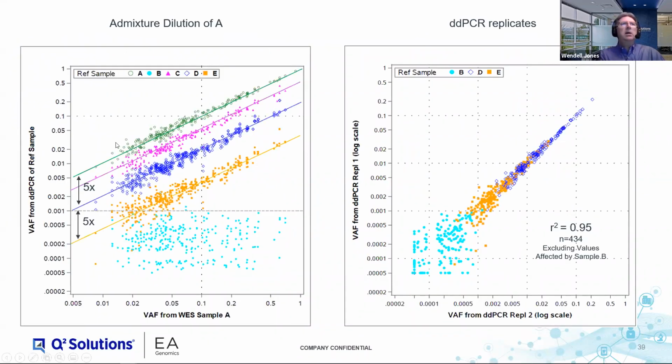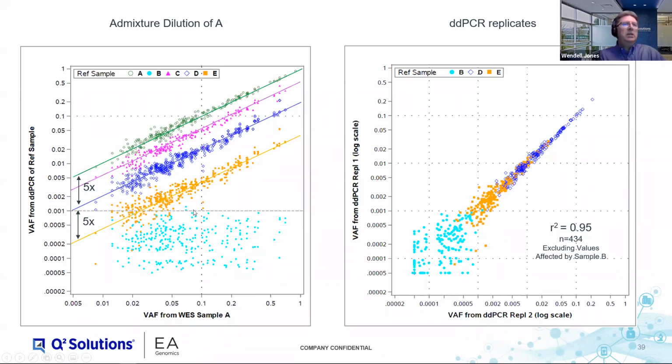So if you look at sample A, which is in green here, for those variants that weren't in common with sample B, the sample it was admixed with, you see that all the variants that had that property of being independent of variants in sample B are diluting at the rate we expect. And then the sample B normal is basically showing the background rate of frequency for the droplet digital PCR.